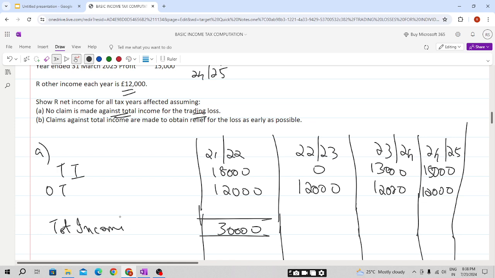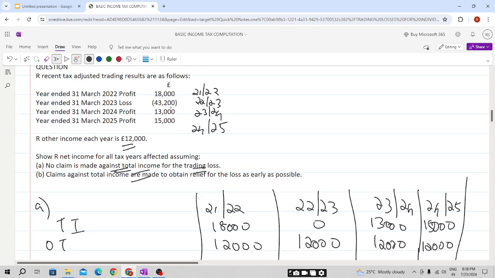Now students, this year we had a loss. We are not making a claim to set off against the total income. So this year's loss will be carried forward and set off against the trading income only. I hope this is clear.